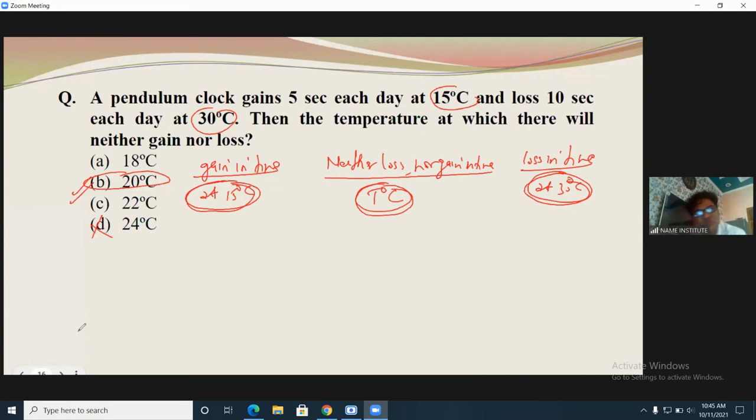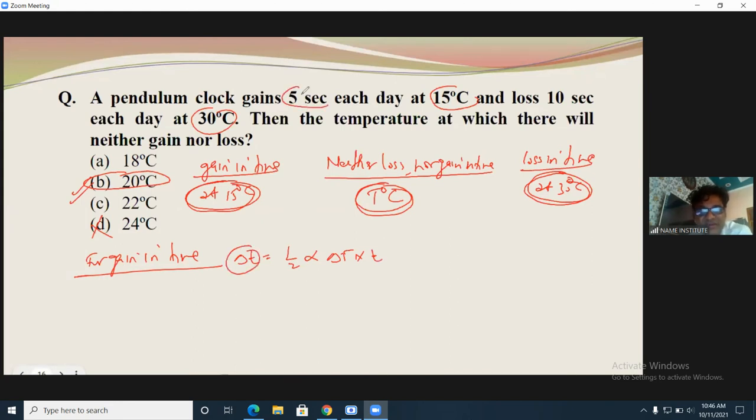Okay, we will develop two relations in class here. One relation for the gain in time and one more relation for the loss in time to solve the question. So for gain in time, delta T is equal to 1 upon 2 alpha delta T into small t. What is the value of gain in time?